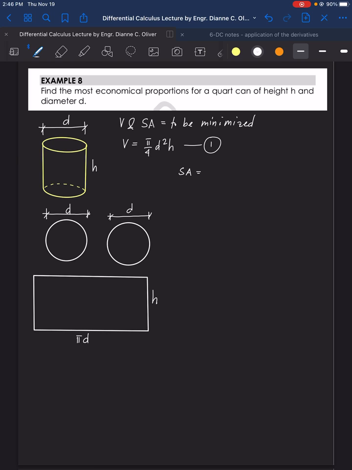We have the two areas of the circle, 2 times pi over 4 diameter squared, plus the area of the rectangle, which is pi d times h, or length times width. And that is pi over 2 d squared plus pi d h. So this is SA, equation number 2.